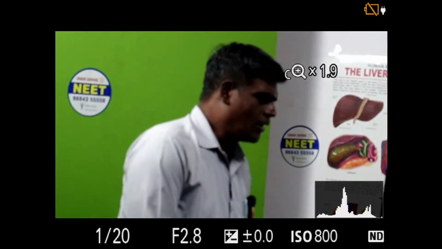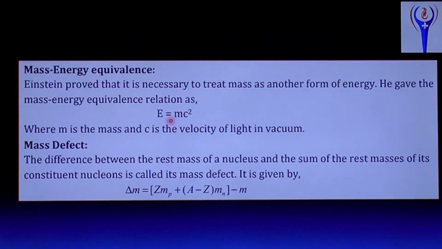But everybody knows Einstein for this formula, E equal to mc square. Einstein proved that it is necessary to treat mass as another form of energy. He gave the mass energy equivalence as E equal to mc square.